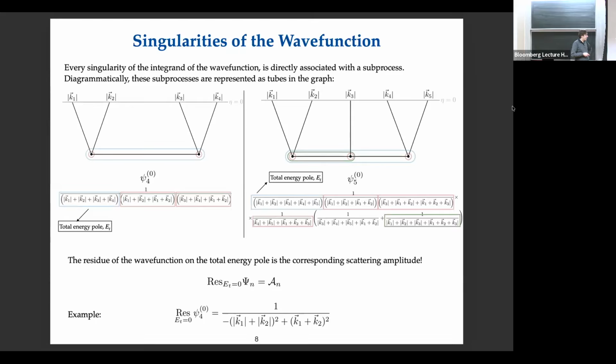The residue is the amplitude, and you can see this is just a computation for this process. If you take this to 0, you just recover the 4-point amplitude. And other poles will also have a nice factorization structure, which will be the scattering amplitude associated to the sub-process times linear combinations of wave functions.